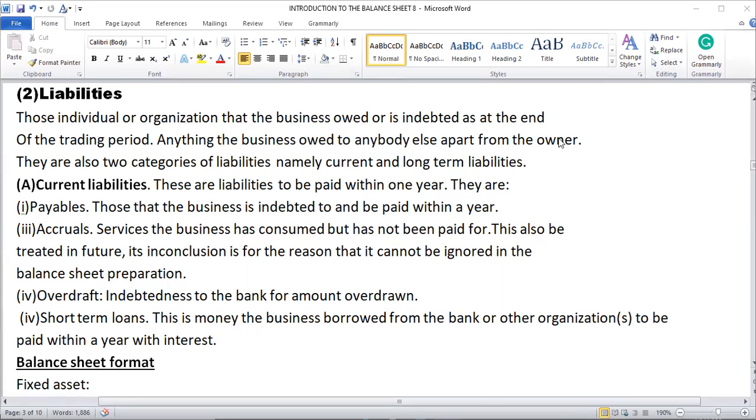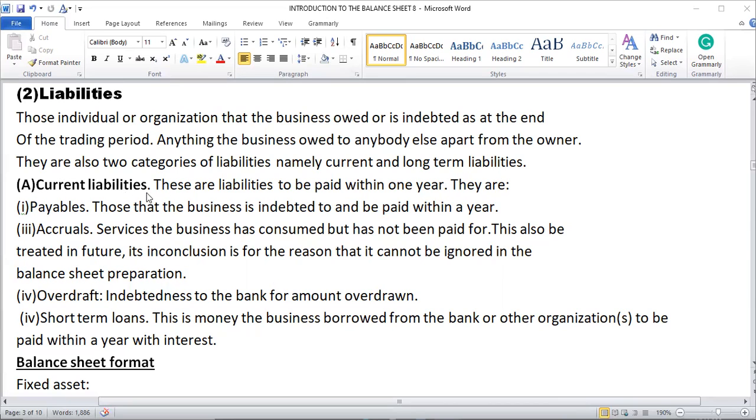And it's different from what the business owes the owner. What the business owes the owner is capital. But apart from the capital, anybody else that the business owes is a liability.